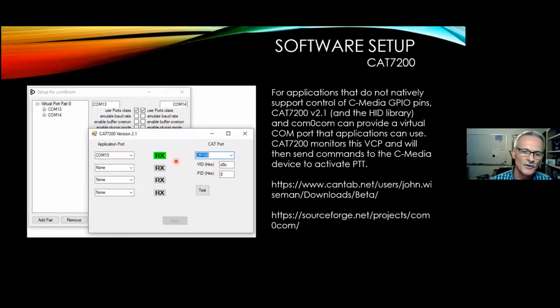Both of those authors we have talked to about adding native control for C-Media type devices, and they're both interested in doing that. They haven't, as far as I know, gotten it into testing yet, but it may be coming down the road at some point, and then we won't have to use this anymore.